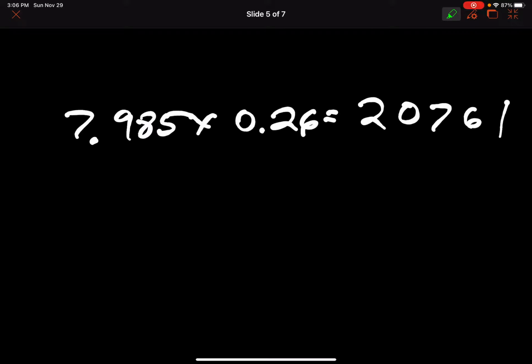Okay, so I have 7.985 and 0.26. Okay, so this is my answer. I'm trying to figure out where to put the decimal. Now, I know that the answer here should be about a quarter of 8, right? Because if I round this, this is about 1/4.